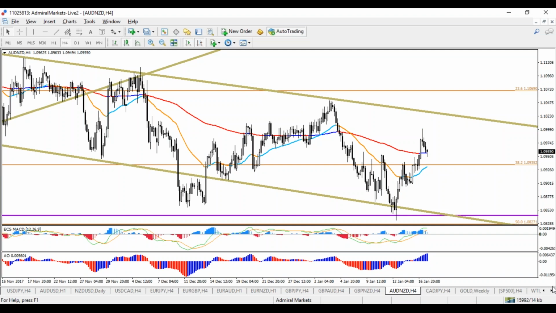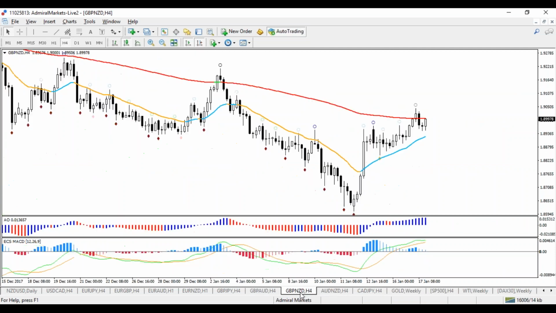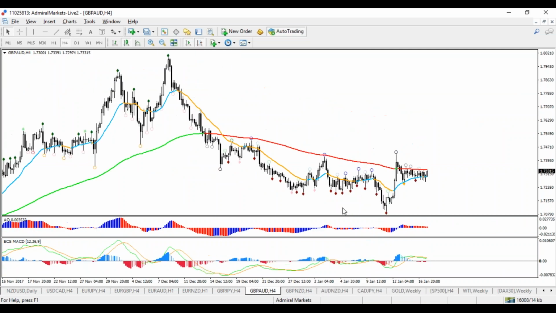Otherwise, for the moment, pound odd and pound New Zealand maybe are looking okay for breakouts to the upside.